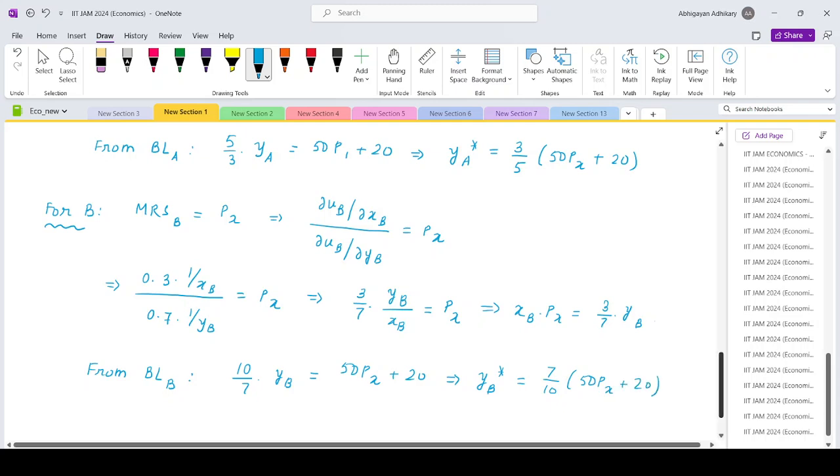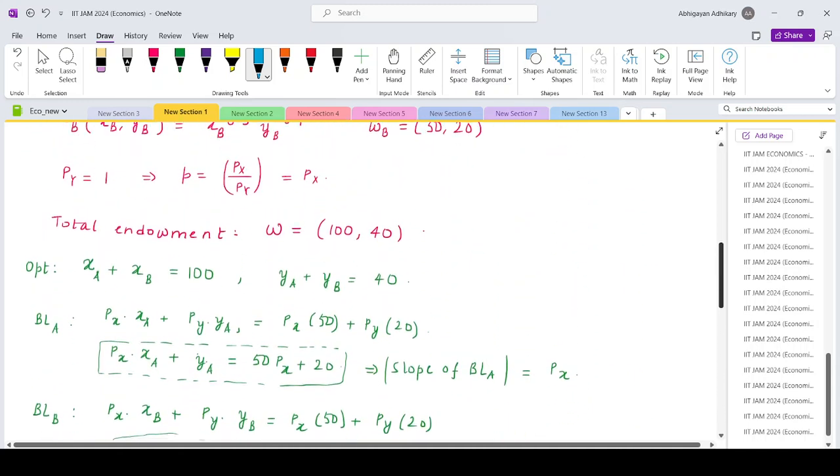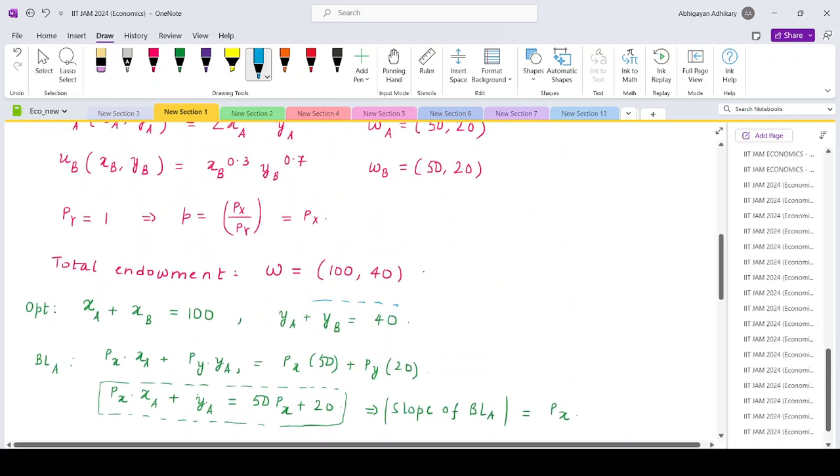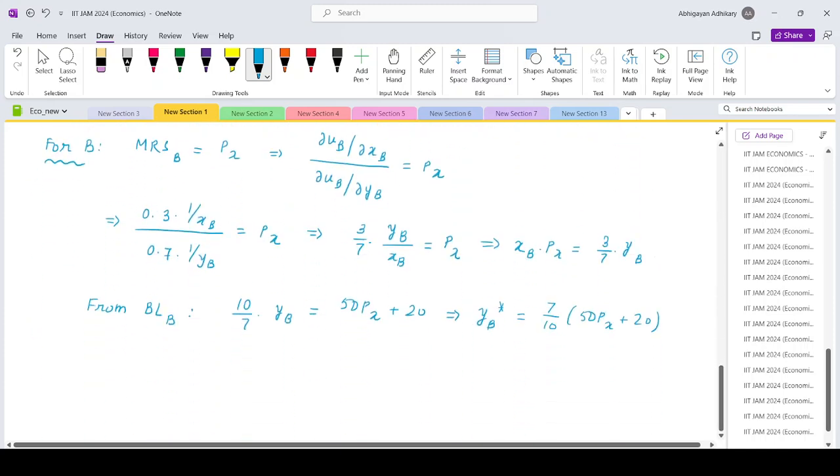Now if we use the binding condition, ya plus yb is equal to 40, from ya star plus yb star is equal to 40.